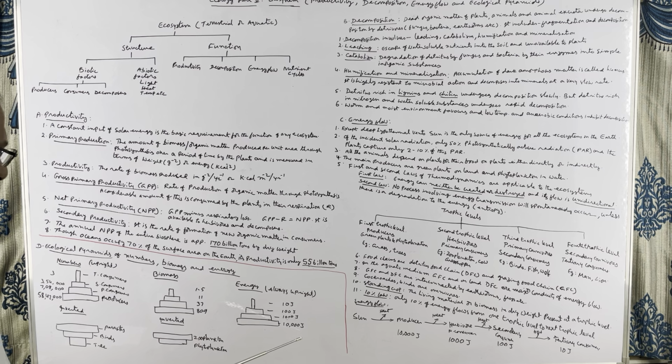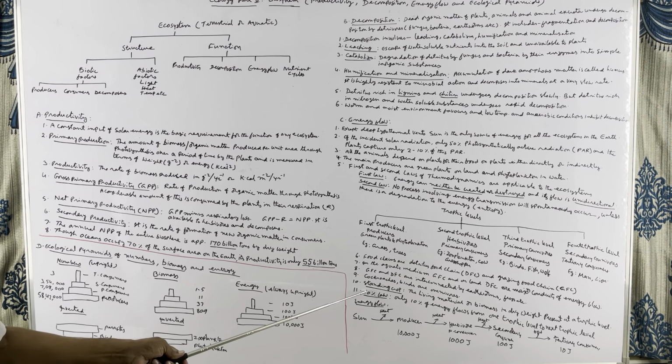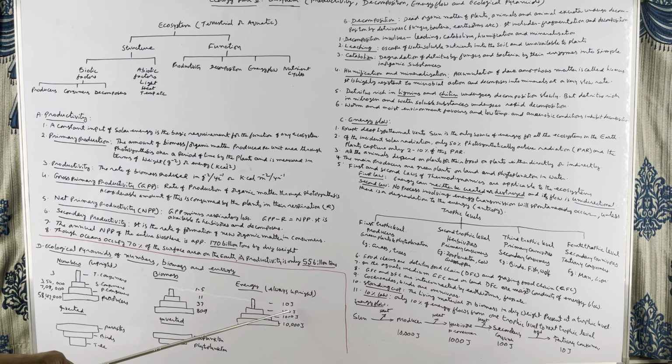In this way, there is a gradual and constant reduction in the amount of energy available at different trophic levels. I have told you already about the 10% law. So, 10% of 10,000 is 1,000. 10% of 1,000 is 100. 10% of 100 is 10. Like this, at every trophic level, large amounts of energy are dissipated or lost to nature.